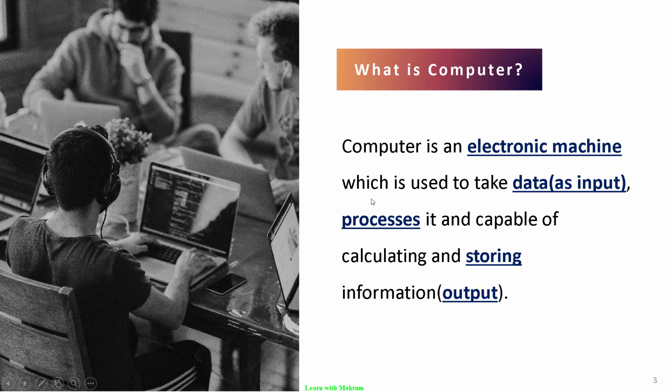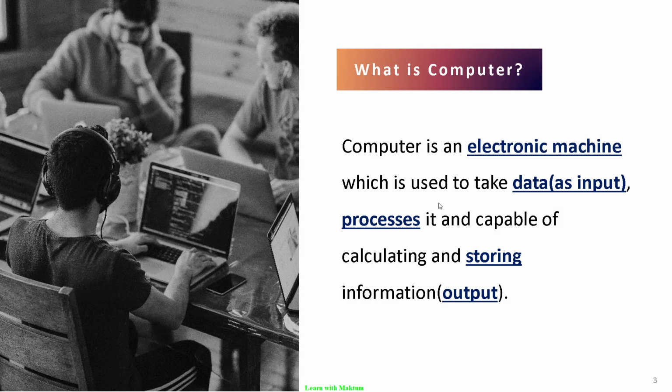Then the second statement is: it is used to take data as input. Say you want to type your name. You're going to type your name, no? And that will be given to the computer. The thing which you are giving to the computer is data, that is the input. What the computer will do is process it, and if you ask it to calculate 2 plus 3, it will calculate.